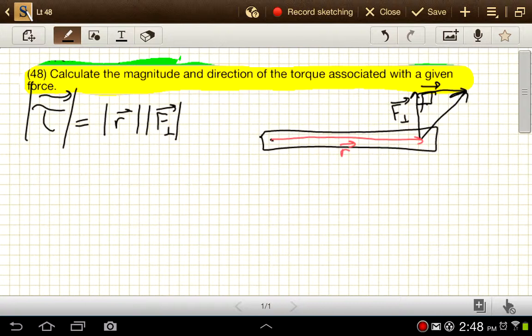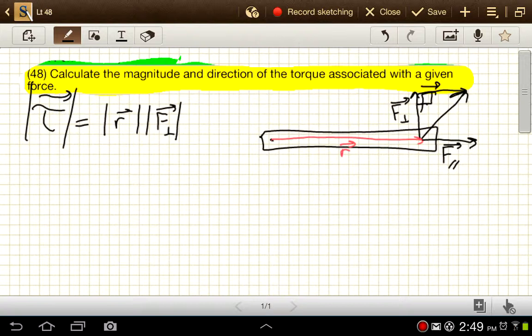The other part of this, I can move that down here since you can move vectors wherever you want them to be. That'd be F parallel. And we can see, if you pull on this end of a door, you're not going to cause any rotation for the door, of course. So that's not going to be involved in our torque, our rotational force idea here.